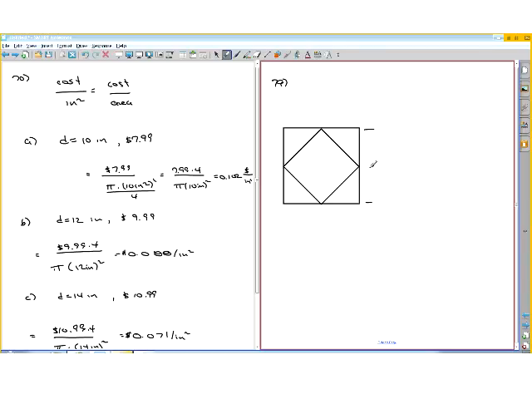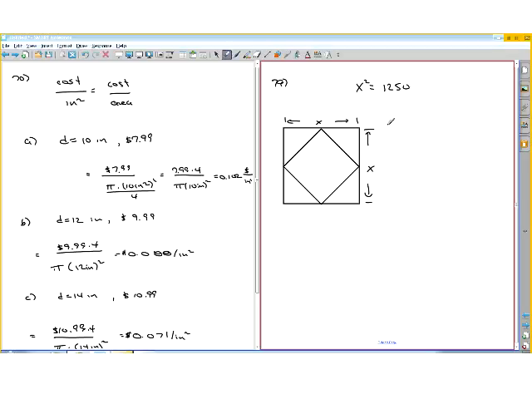And so since it's a square, let's call this x. What we have is, we can solve for x because it's a square. So we know that x squared is going to be equal to 1250 because it's just two sides multiplied together.